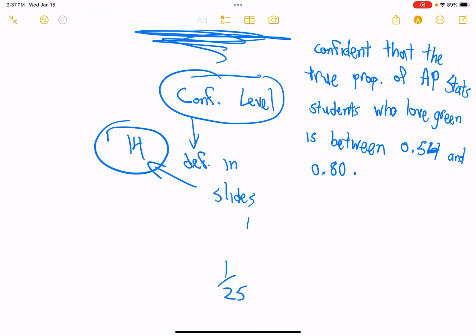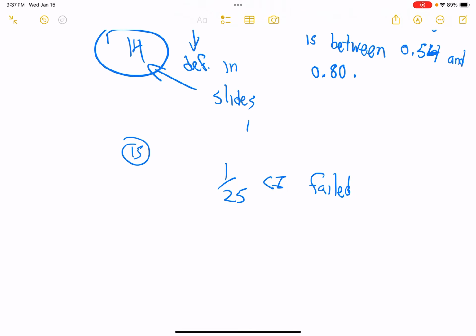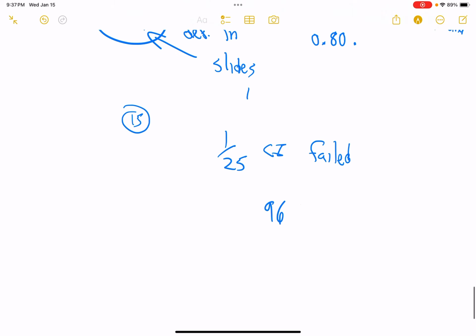This is on slide 15, by the way. 1 out of 25 confidence intervals failed here. It did not capture the true population proportion, right? Now, 1 out of 25, that's the same as about 4%, which means that 96% of confidence intervals captured the true population proportion.